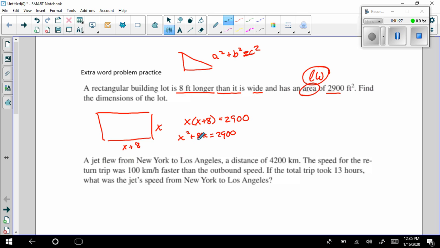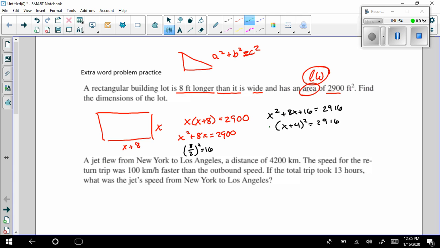I'm going to take 8 divided by 2, which is 4, and square it, which is 16, and add that to both sides. So now x squared plus 8x plus 16 is equal to 2916. This factors into x plus 4 squared, which is 2916.